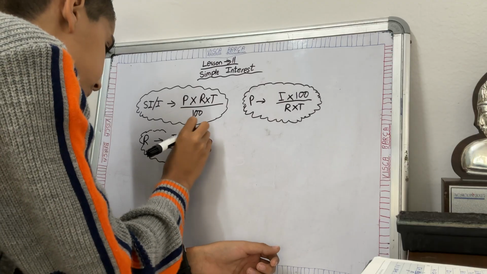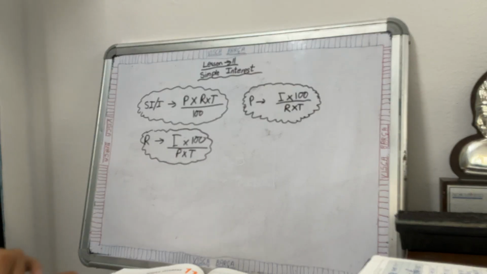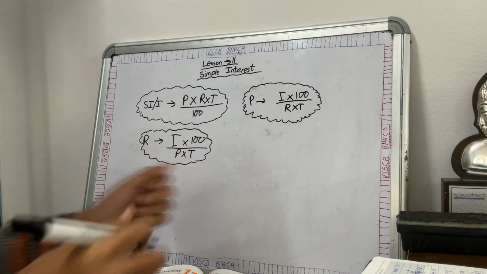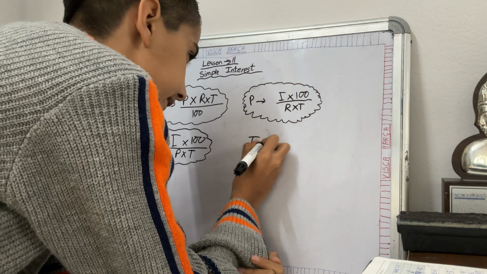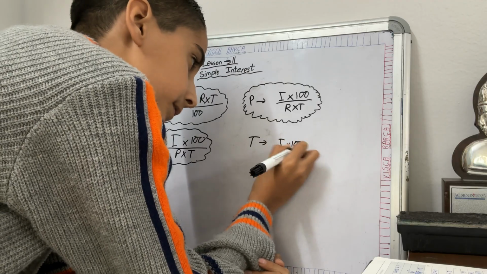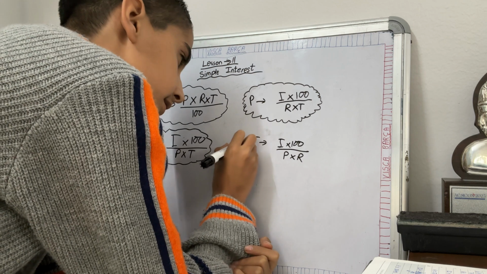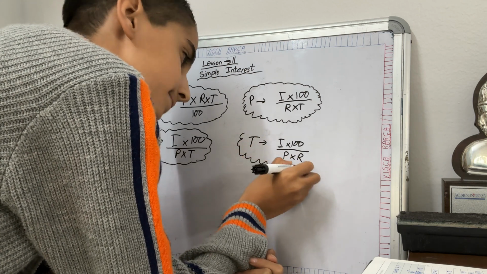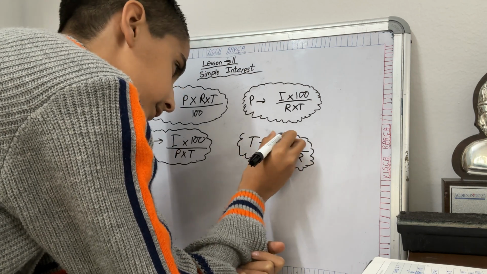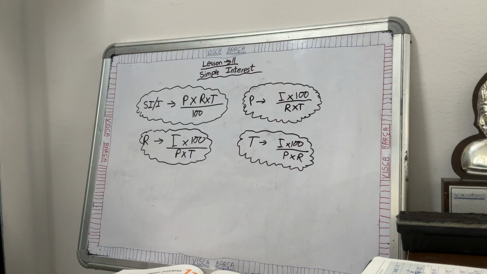There are basically 5 terms in this. Now I'll give you the formula for time period. T is equal to, again, I into 100 upon P into R. Formula for time period. Then this will be the easiest formula.